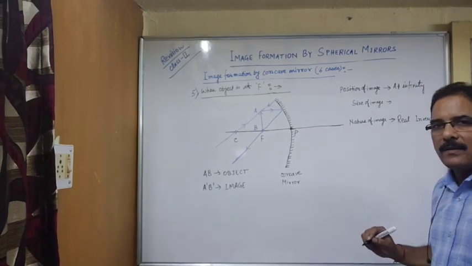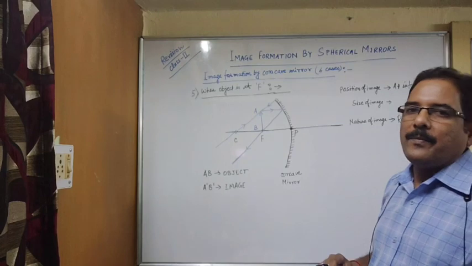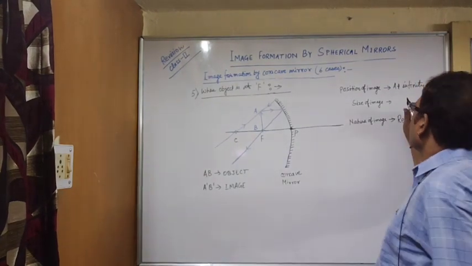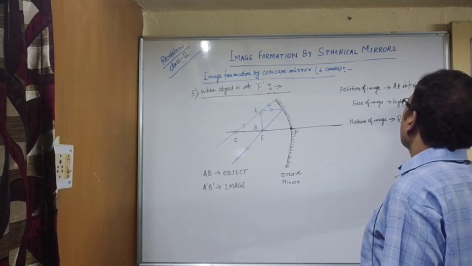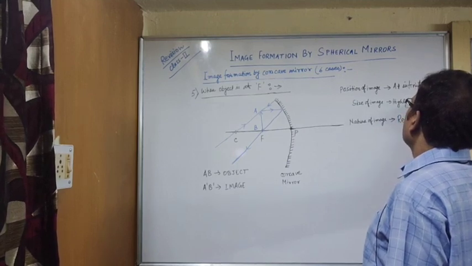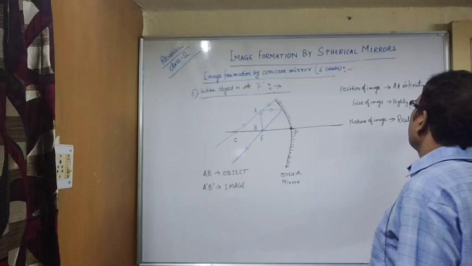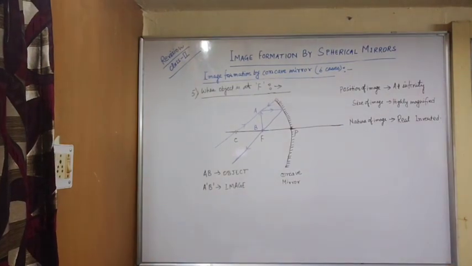So we assume that these two reflected rays will meet at infinity, and the size of image is highly magnified. Very large image is formed, isn't it?